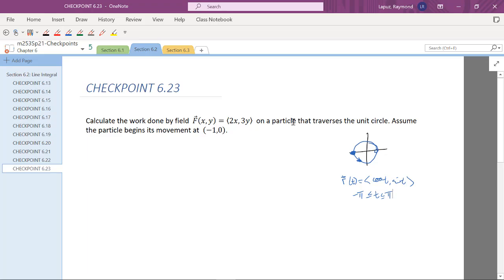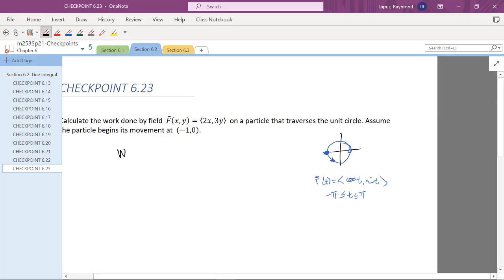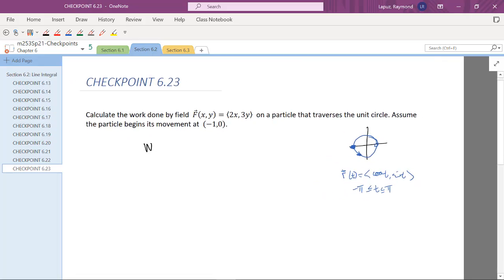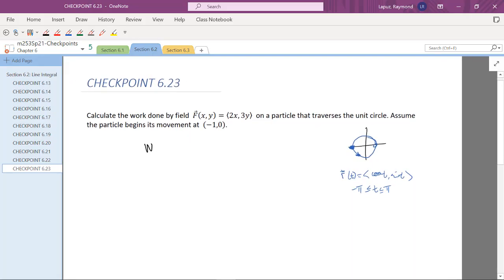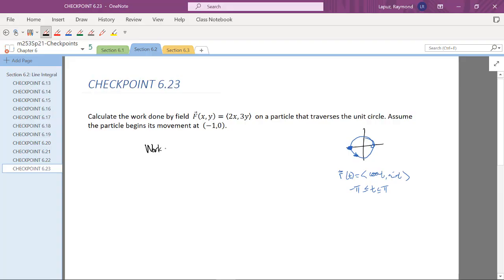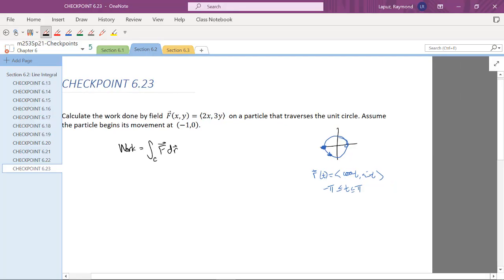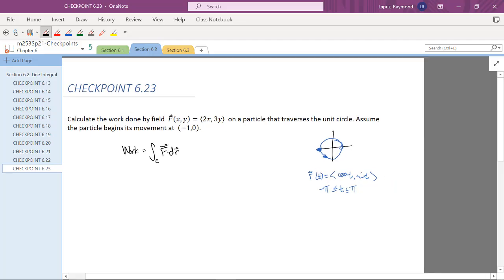Now the work done by a vector field traversing along a particular curve is going to be given by the line integral over that curve of the vector field F dot dr. And so this is a dot product.